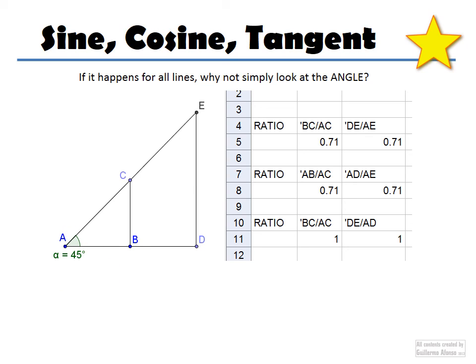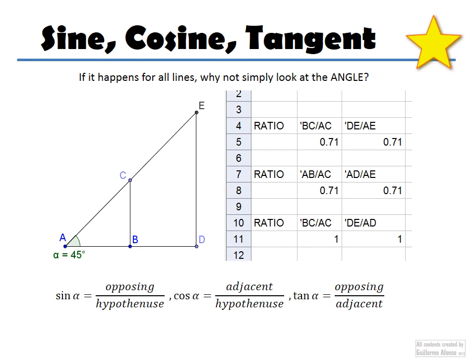So the ratio of BC divided by AC, which is the same as DE divided by AE, simply depends on the angle. And since it only depends on the angle, it's the only information that I need. And I call that the sine. The sine of that angle is whatever any triangle's opposite side measures divided by whatever that triangle that has this angle here, its hypotenuse measures. That's the sine. It's basically a ratio of the measure of two sides.